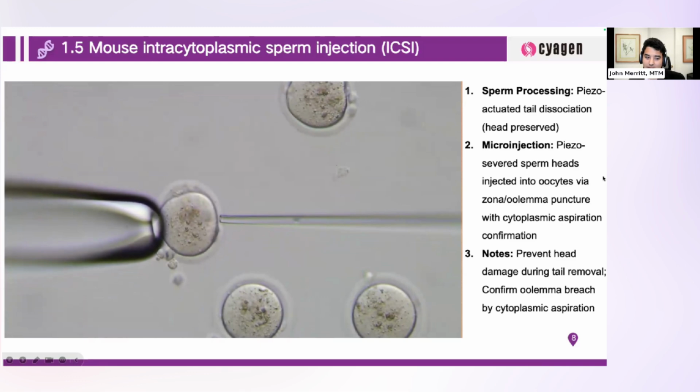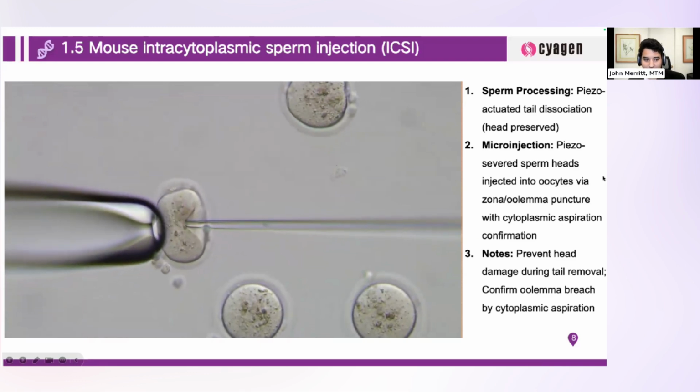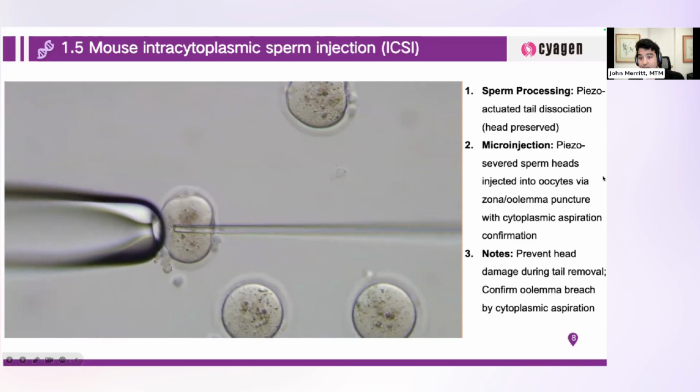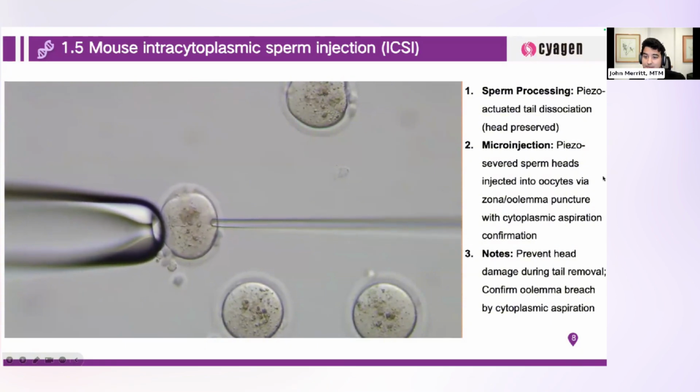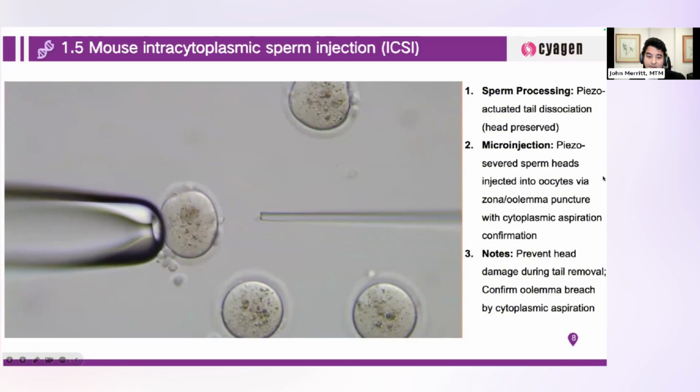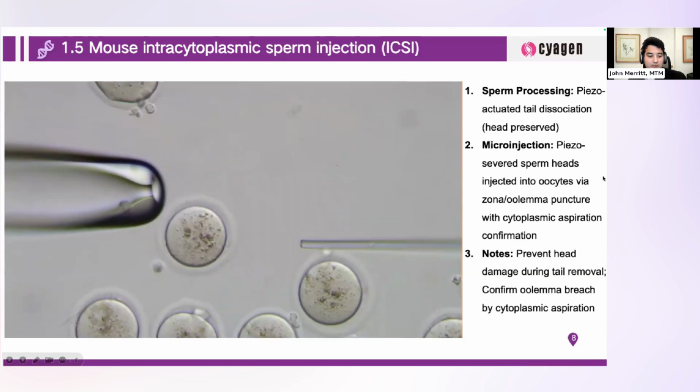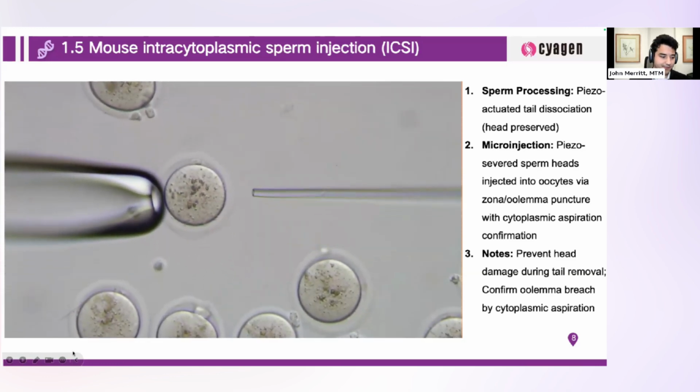And we just do that over and over again. And like I said, both IVF and ICSI work perfectly well, but we recommend ICSI for mouse models that have low fertility.